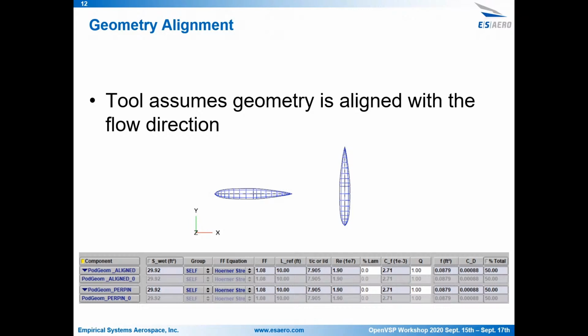So be careful there and make sure you have the expected results that you want to see. For instance, if you are trying to model a typical bent aluminum landing gear strut like on a Cessna, modeling that with a wing component would work fairly well to align with the flow.